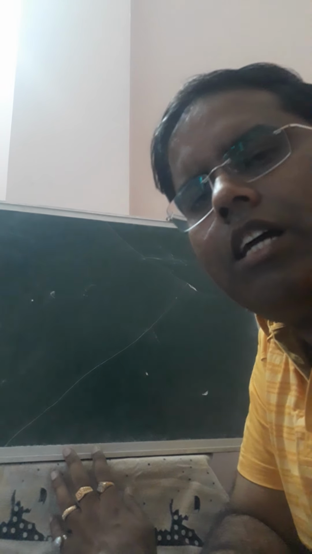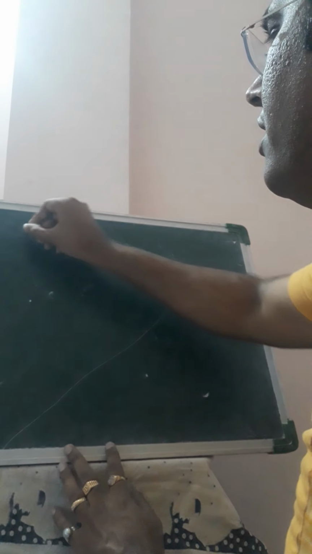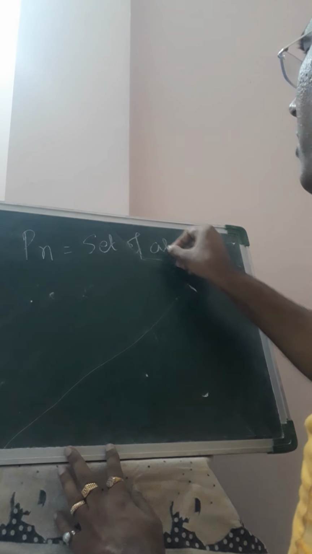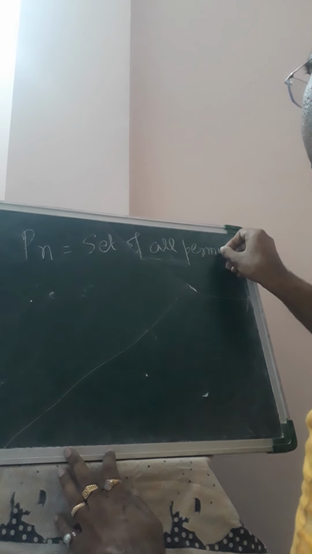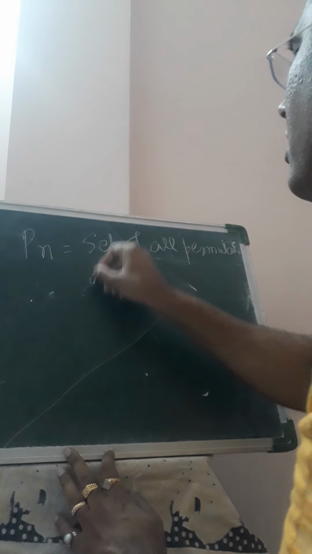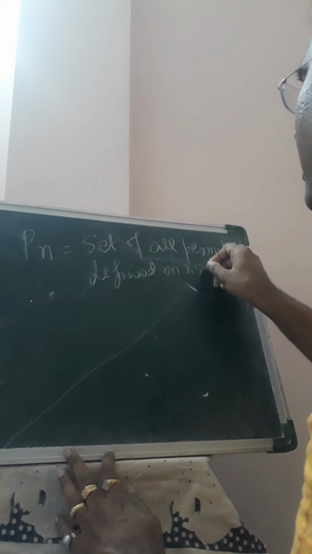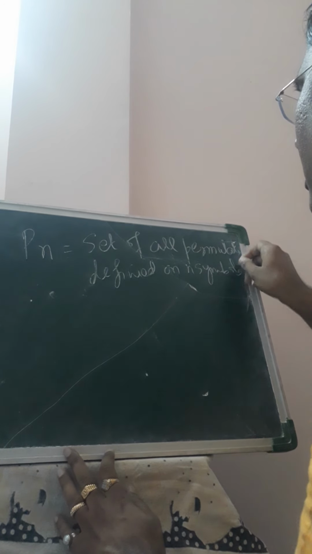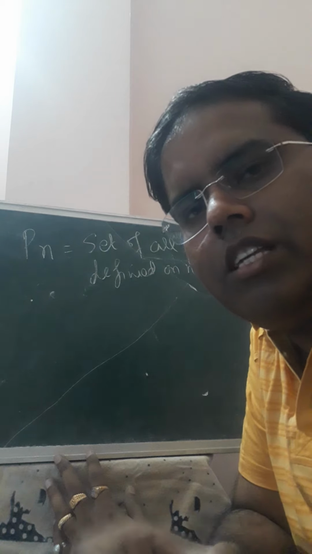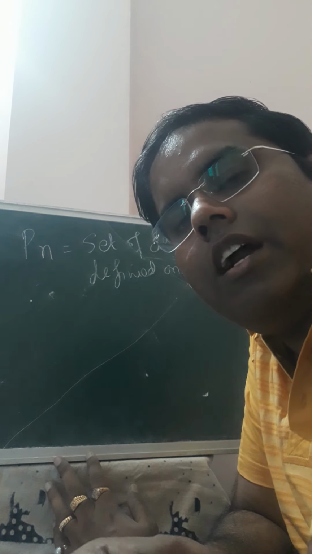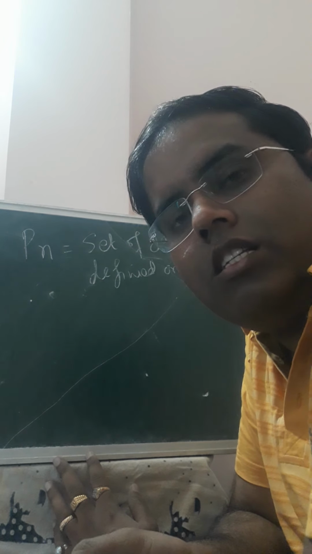Since all the permutations are 1-1 and onto functions defined on a set S, suppose Pn denotes the set of all permutations defined on n symbols. And since we know that if a set is having n elements, we can define n factorial 1-1 and onto functions on this set.